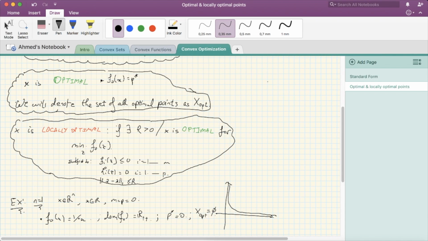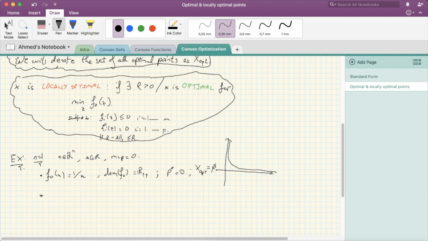Because no matter what x you pick, there's always going to be another x that comes right after it that does better. Another example could be minus log x, or log 1 over x. If we define the domain of f0 to be R++, the question is, what is p star in this case?